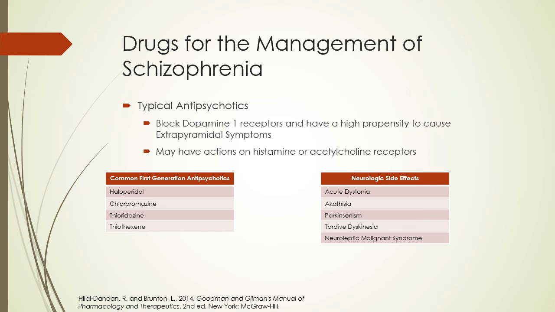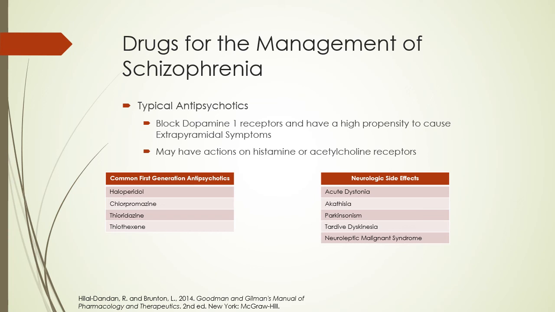So dystonia here is a form of hypokinesia, which means movement is impaired. Movement is less likely to occur because of the spasm of the muscles of the face, the neck, and the back. So this is a neurologic side effect of giving the typical antipsychotics.